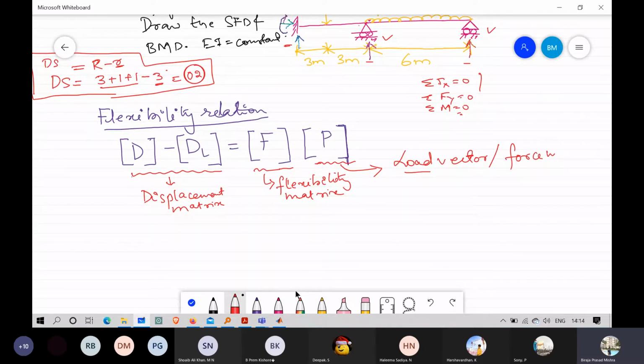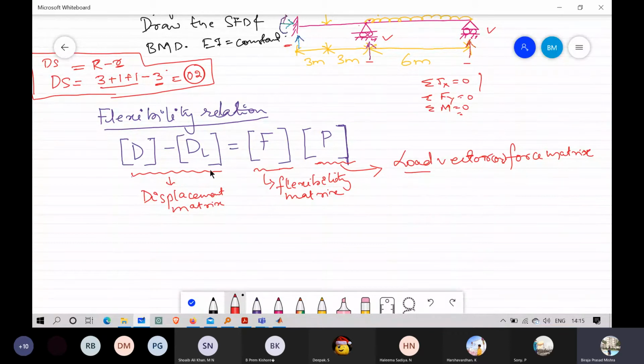So instead of putting a slash, I will put "or", because you may get confused. This is also called the force matrix. So everything is in matrix form.